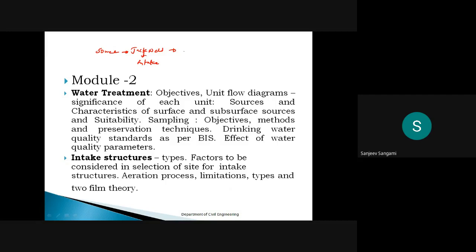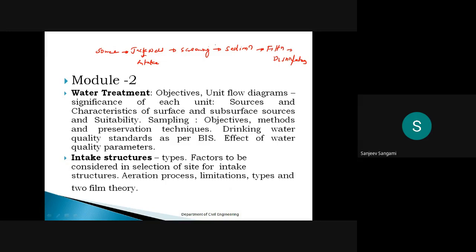Then you have screening, then sedimentation, then filtration, then disinfection. All these components we are going to discuss in the water treatment plants.